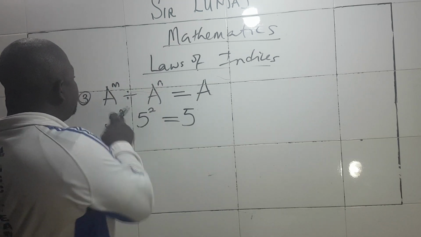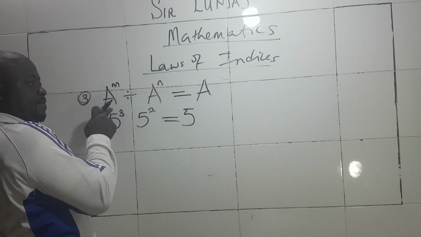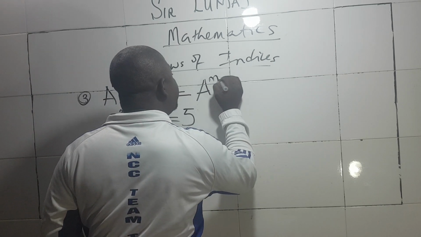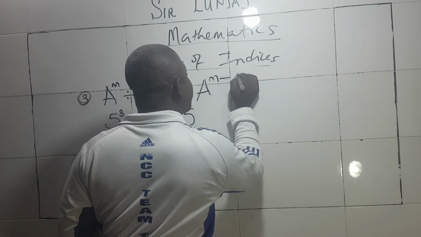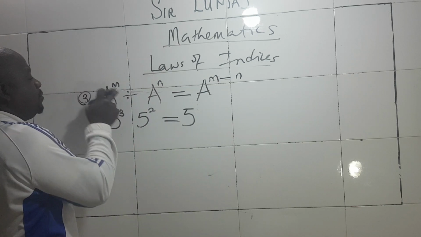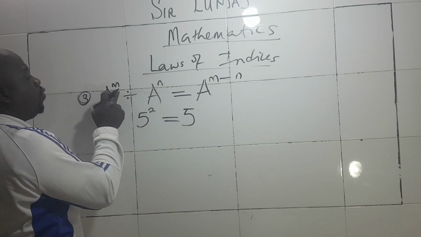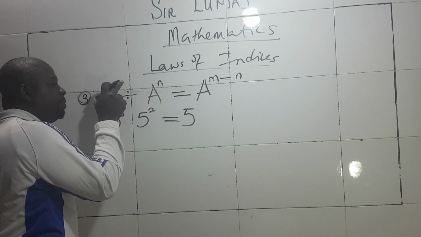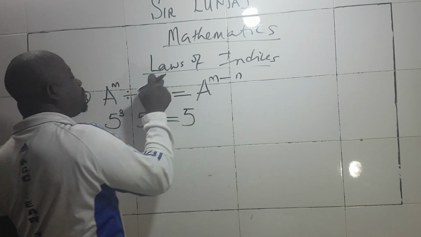The rule says that what? Pick one of the bases. If I pick one of the bases, I will have a raised to power m minus n. M, remove the dots, it becomes what? Minus n.